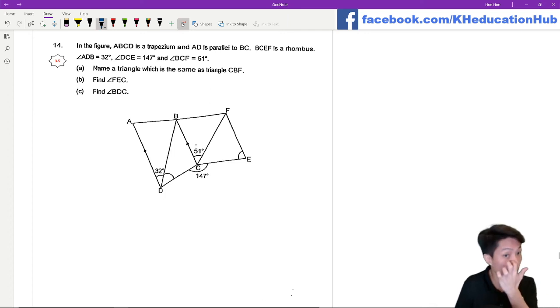They want you to name a triangle which is the same as triangle CBF. Since BCEF is a rhombus, the diagonal will cut it into two exact same triangles. So CBF is equal to CEF.